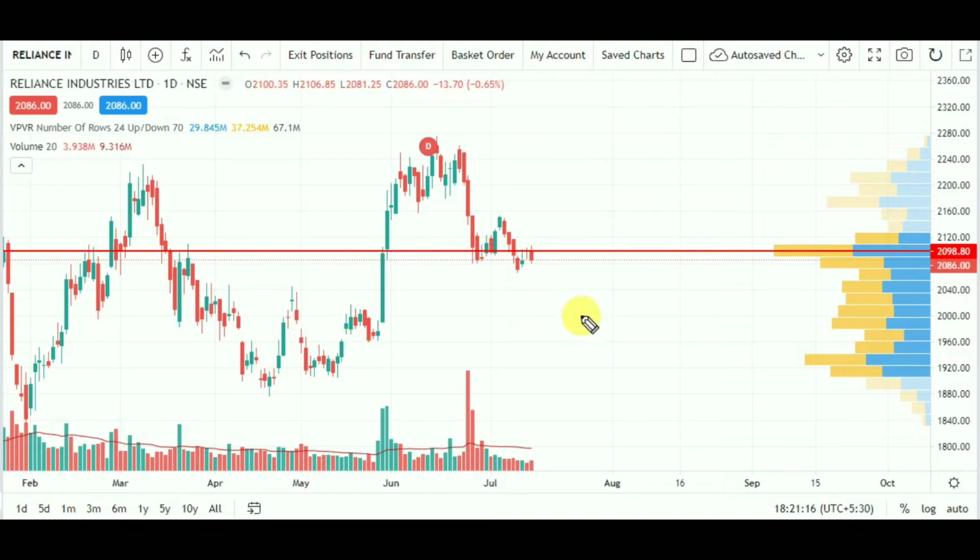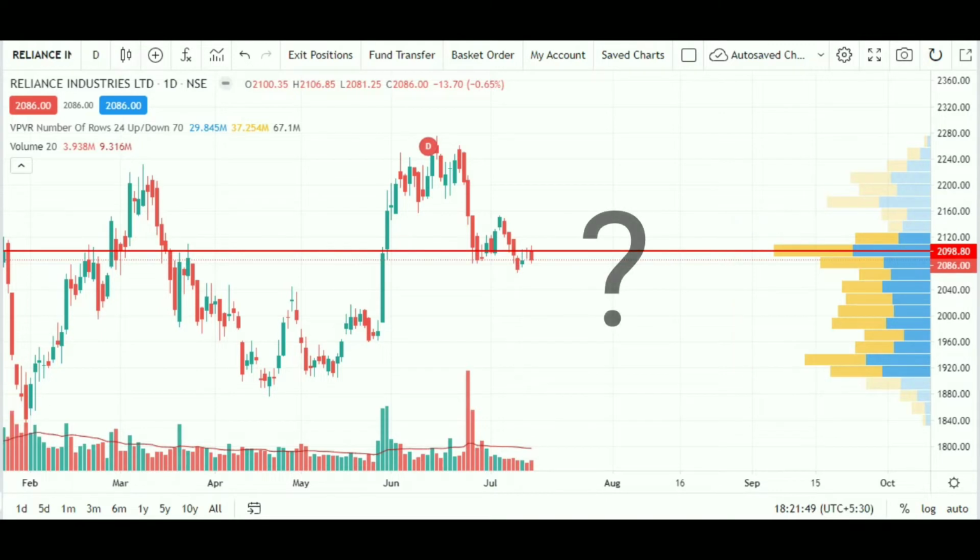First, value area. Value area refers to the region or the price range within which a bulk of buying and selling activity took place. It is expressed as a percent and the default setting is 70.